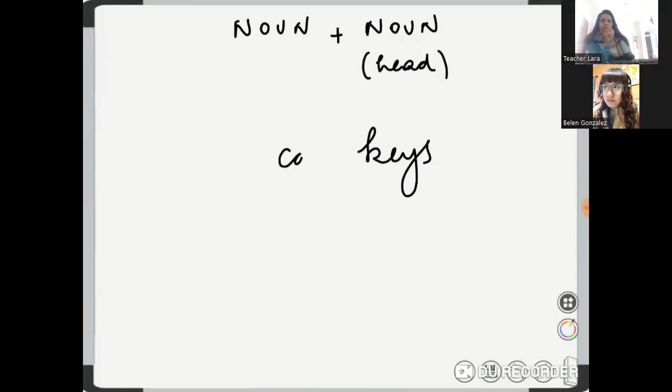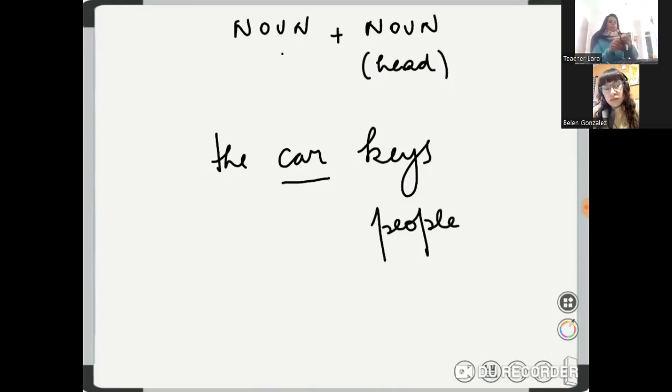So I say, the car keys. Now, car is a noun, but in this case, it's working as pre-modifier of another noun, which is key. Keys. I'm talking about the keys, not the car. Yes? Or another example, people.